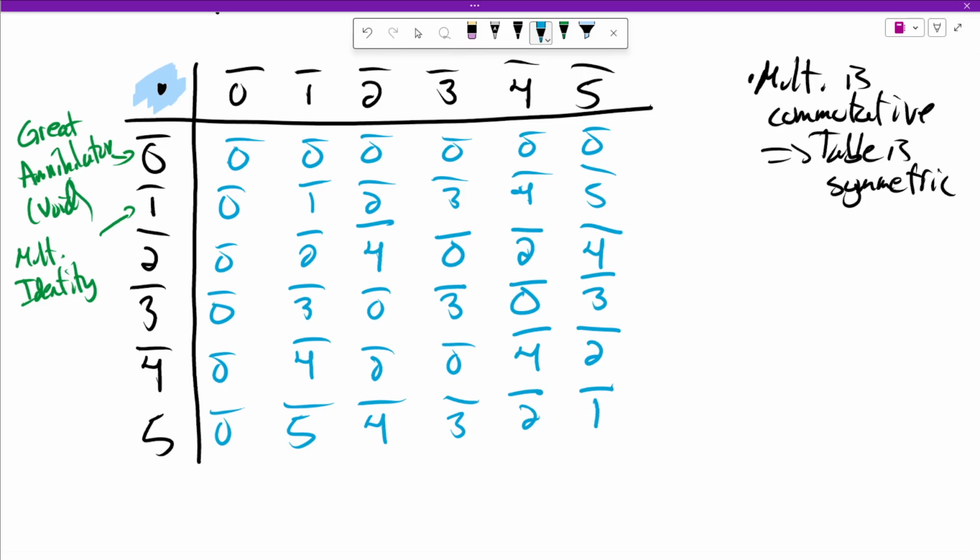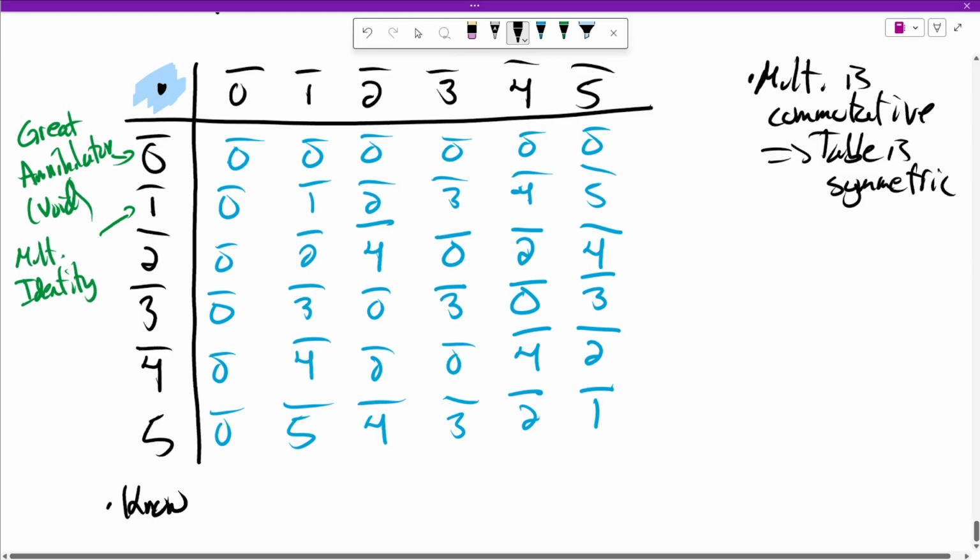But anyways, at least for the integers mod m, it's a symmetric table that we're going to get. And so this is the multiplication, and then we just did the addition table. So now we know how to do arithmetic. Arithmetic is the math of adding and multiplying modulo 6.